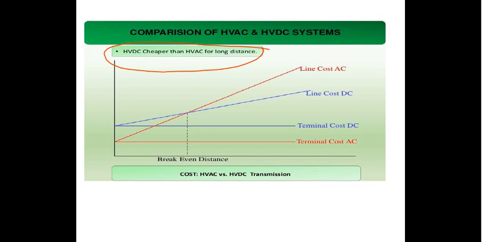If you look at the line cost of DC and the line cost of AC, definitely after a certain distance, your DC line cost will appear to be beneficial compared to the line cost of AC.